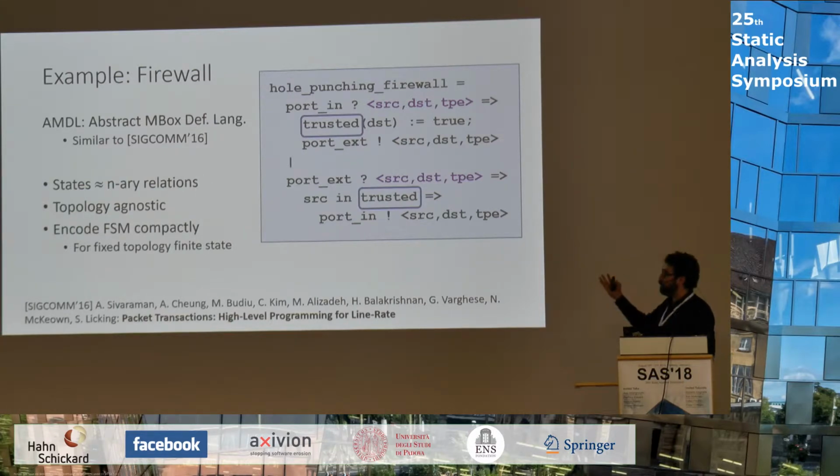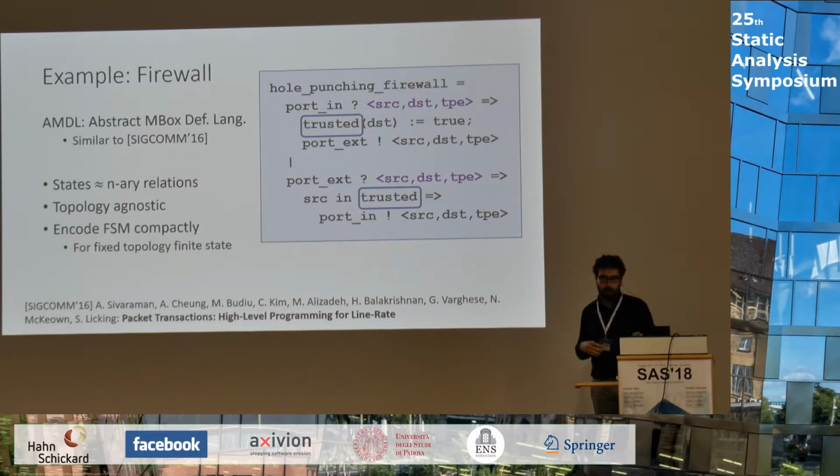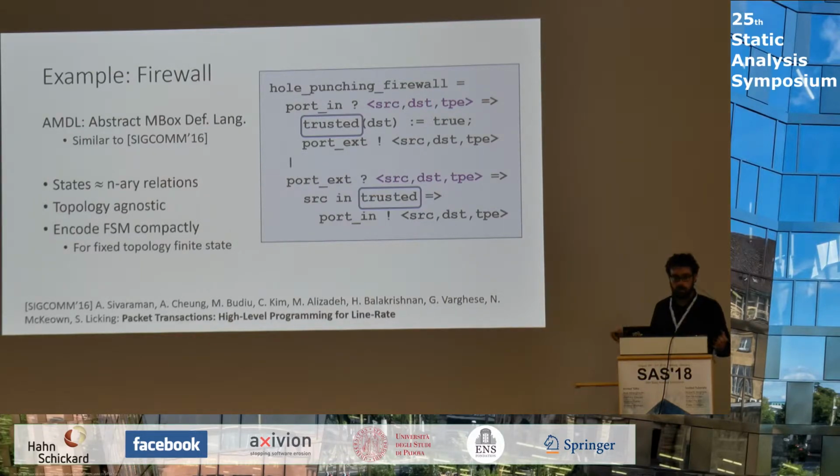In this case, for the hole punching firewall, it has one unary relation recording the set of trusted hosts. When you have a set as a state, you need a different state for every subset of that relation. And as it is a relation over the number of hosts, we are exponential in the number of hosts just by representation here.